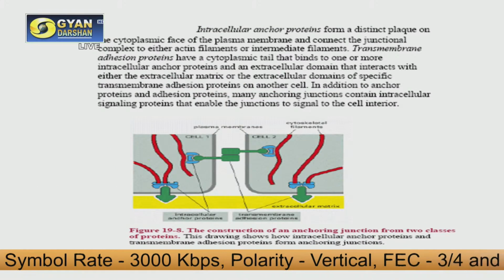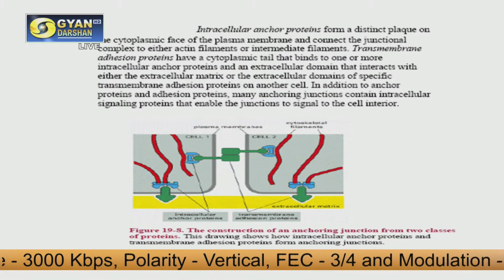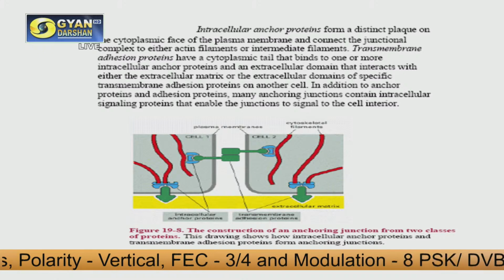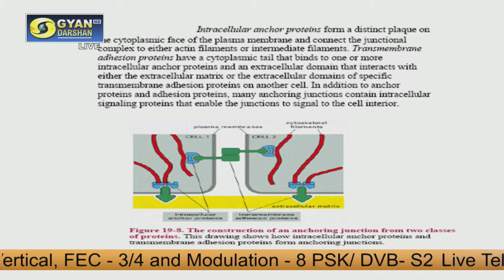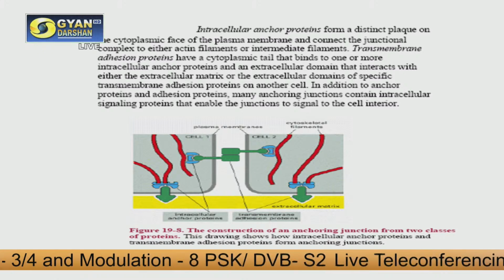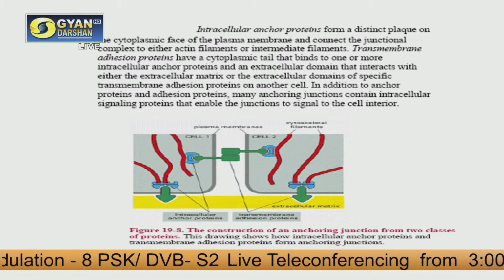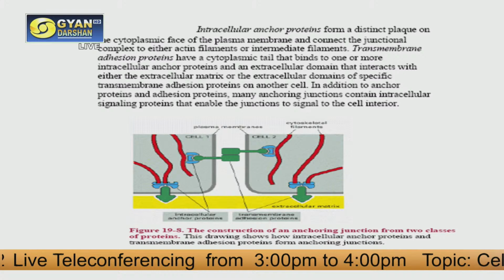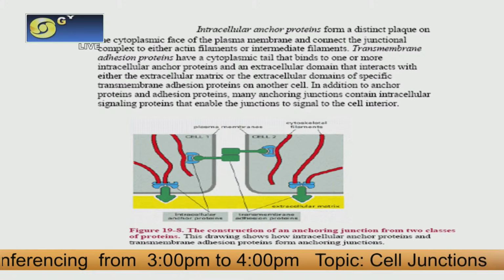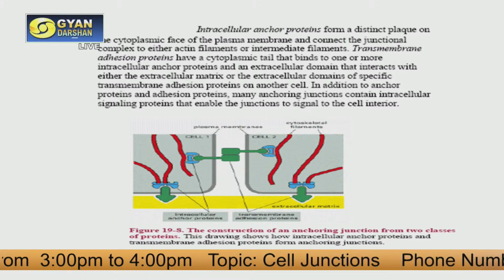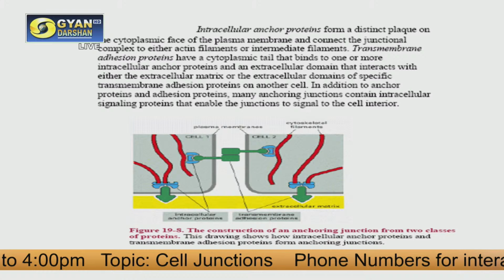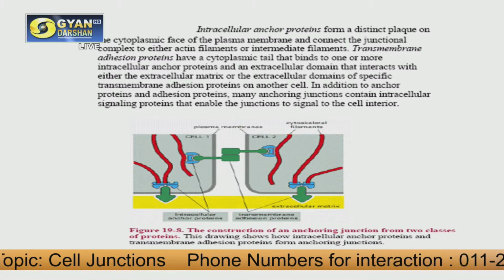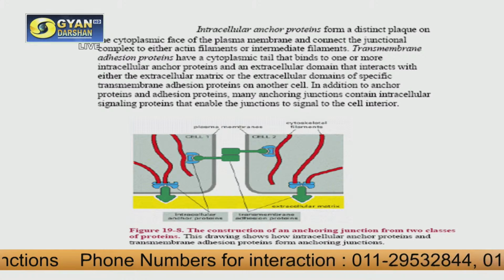Now see this diagram. What does it show? There are two cells, cell 1 and cell 2. Cell 1 is attached to cell 2 through some components which are marked with green, and that green structure has a head portion and a tail portion.